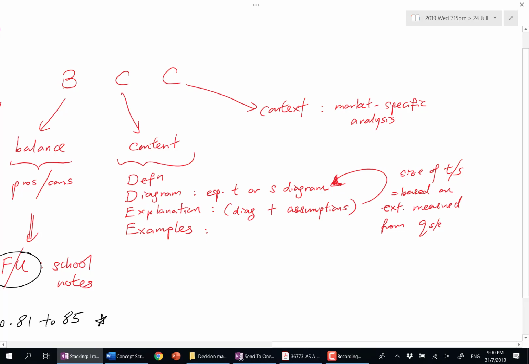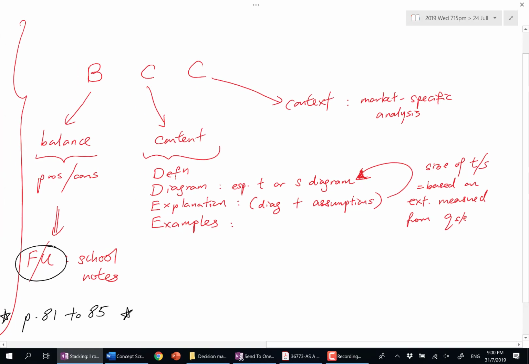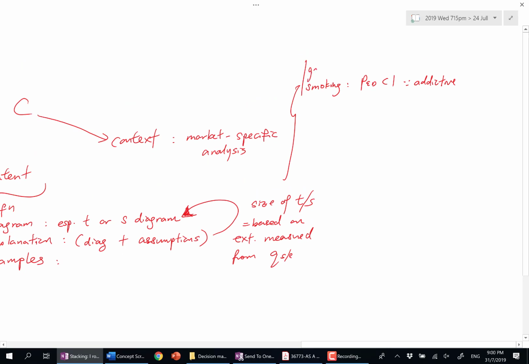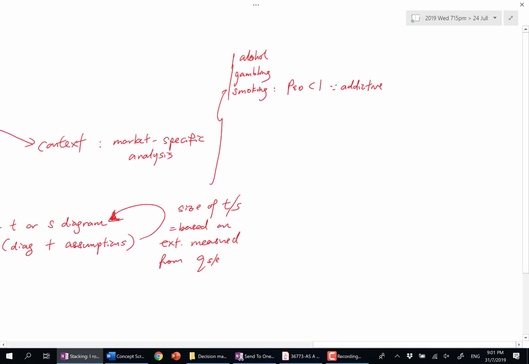I can only remind you that context is still a key part of your answer. Like in the case of smoking, if you say PED is less than 1 because it's addictive, it is context, specific to the case of cigarettes. Well, you can use this for the case of gambling also, right? Even if they ask about alcohol consumption, you can use this point. So it's not like the context is so differentiated and so varied. This is a rather standard context.